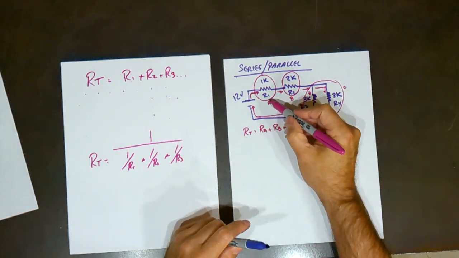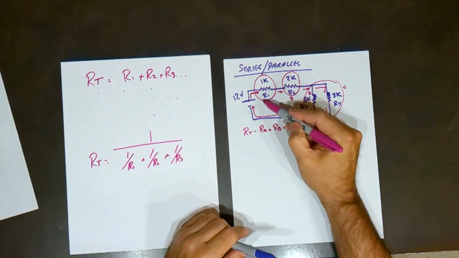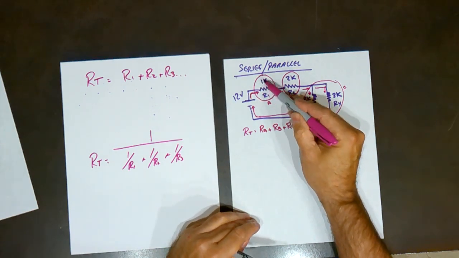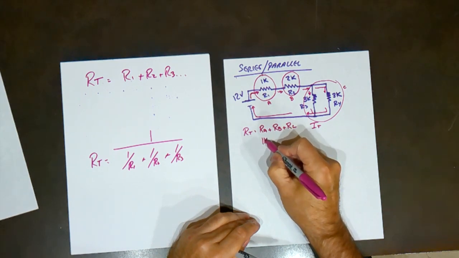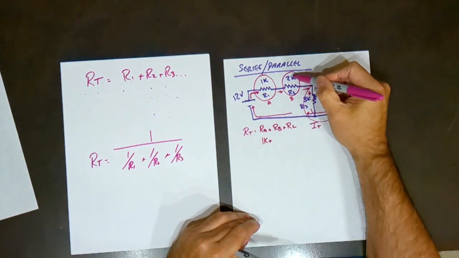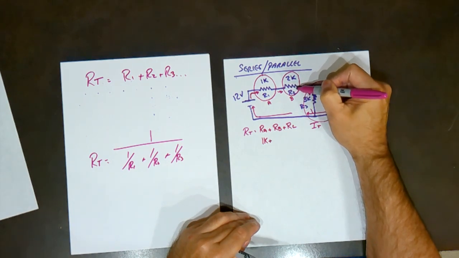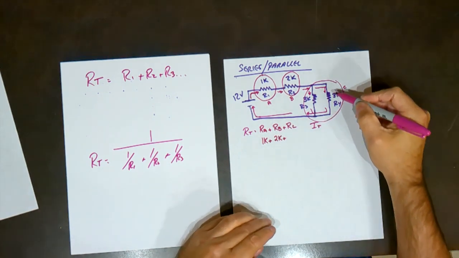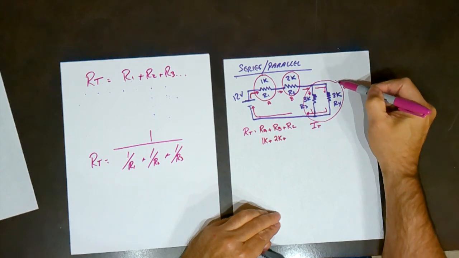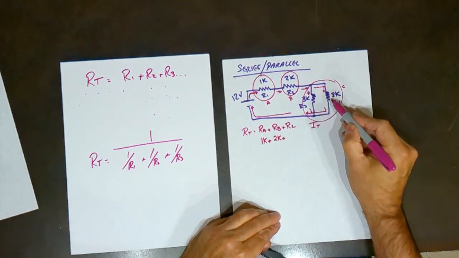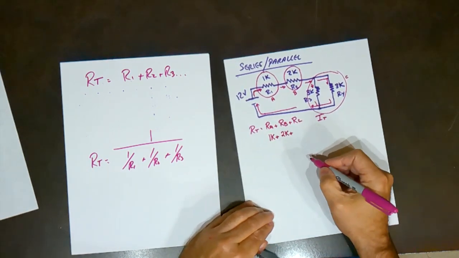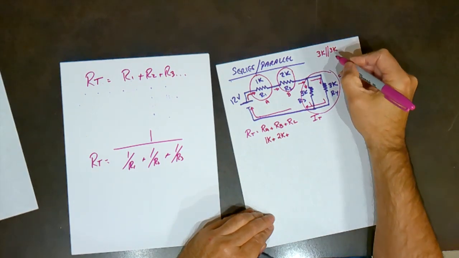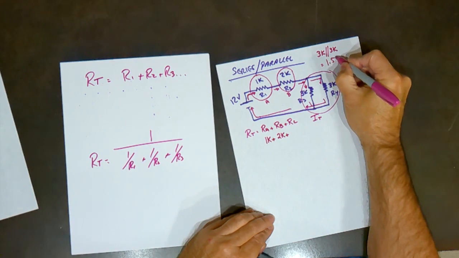Now we want to break down what's inside each bubble. In bubble A, all that's in there is one resistor at 1K. Plus bubble B, which is just this one resistor at 2K. Plus whatever is inside bubble C. Bubble C is 3K in parallel with 3K, and that comes to 1.5K.